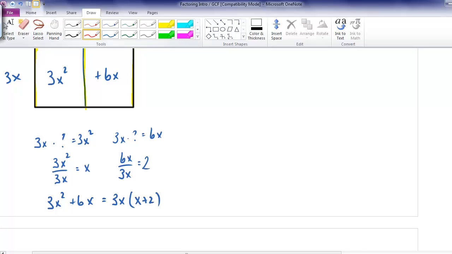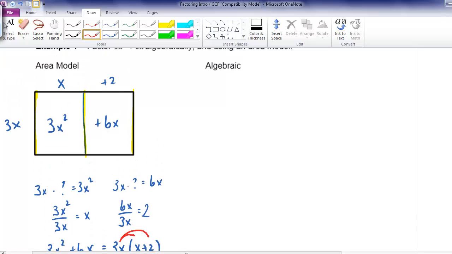And what we've just done there is we have undistributed. We have undone the distributive property. So the nice thing with factoring is you can always check your answer by undoing what you just did. So there's a pictorial approach, and it's a little bit of a puzzle approach, but again, it's concrete, it's visual, and I hope understandable. Okay, let's look at the algebraic.